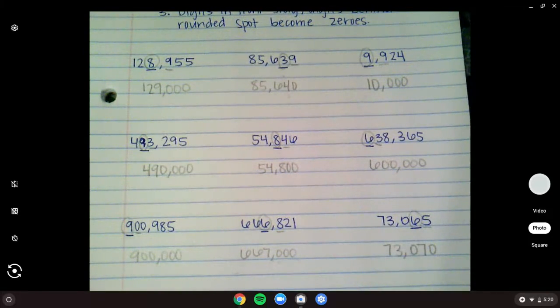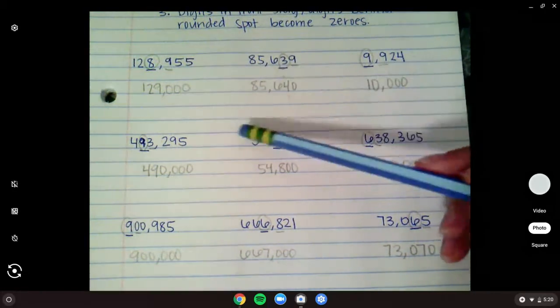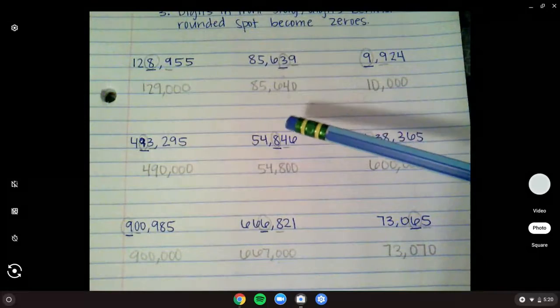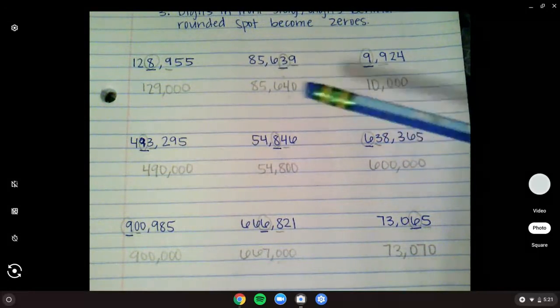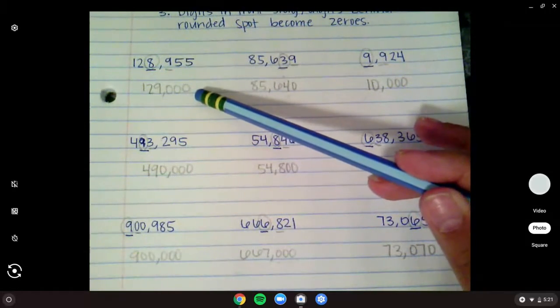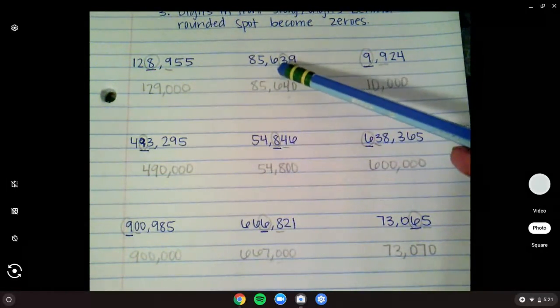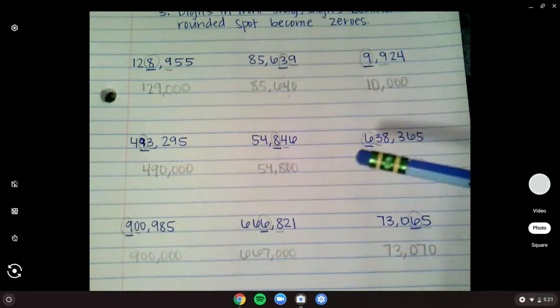So if we want to round and get a good estimate, we really want to round as small as we can to that tens place, so that way we get as close to our original number as we can. Because if I round to the hundreds or to the thousands, it starts to be a lot different. I might have too much or not enough. But if I round to that tens place, I know it's going to be a lot closer.